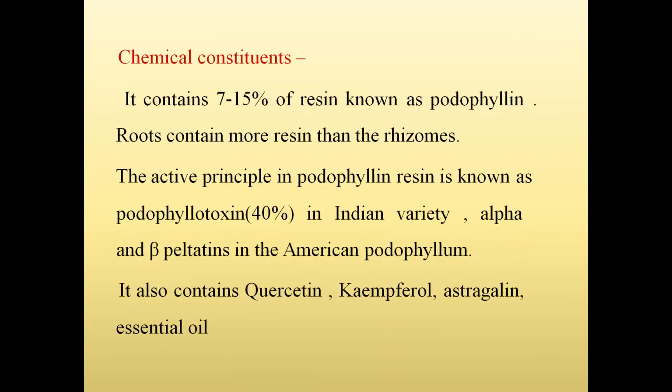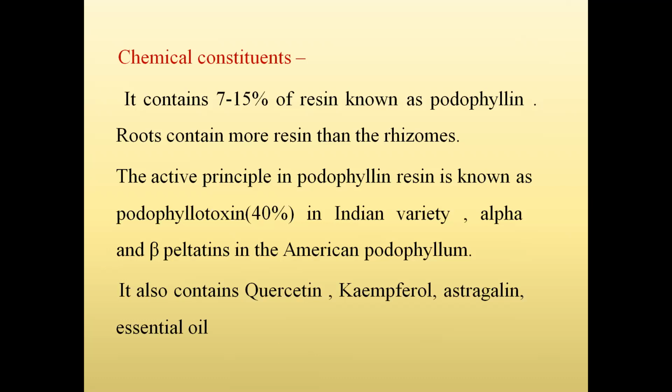Now the chemical constituents. It contains 7 to 15% of resin known as podophyllin. The main constituent in the podophyllum is podophyllin, and roots contain more resin than the rhizomes. Roots में आपका ज़्यादा resin present होता है than the rhizomes. Rhizomes are the underground stems, or you can say a modification of stems.